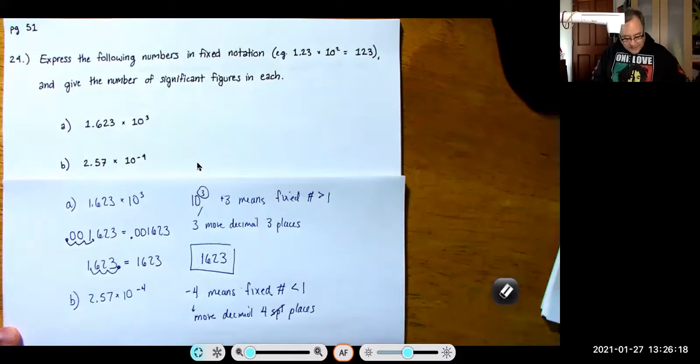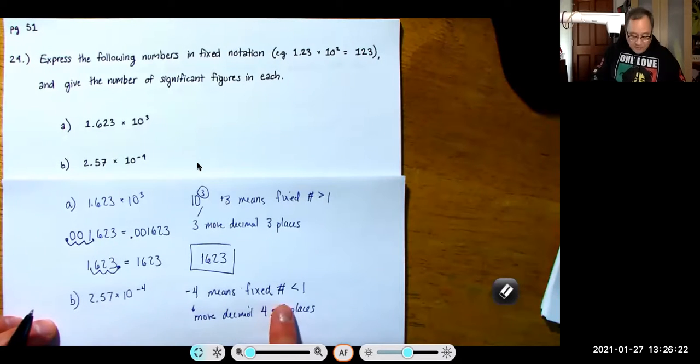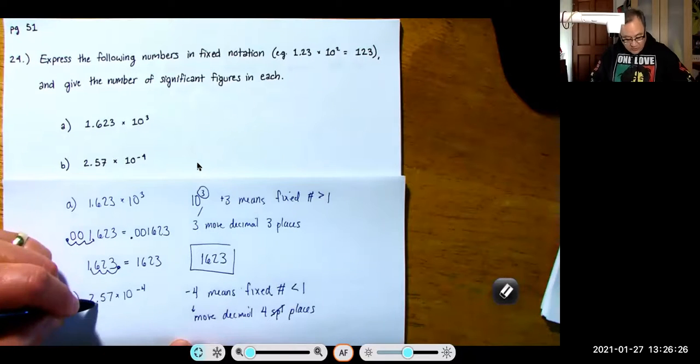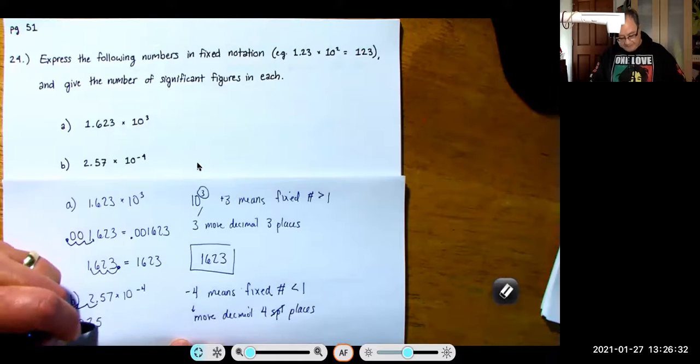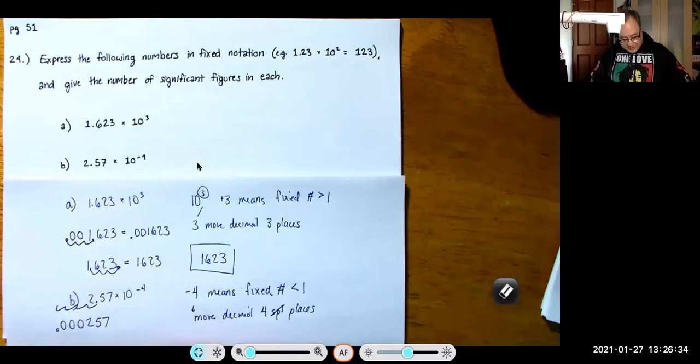So you can probably see that if I move the decimal to the right, I'm going to have a number bigger than 1. So I'm going to move the decimal to the left 4 places. 1, 2, 3, 4. And that means 0.00257. And there's your answer.